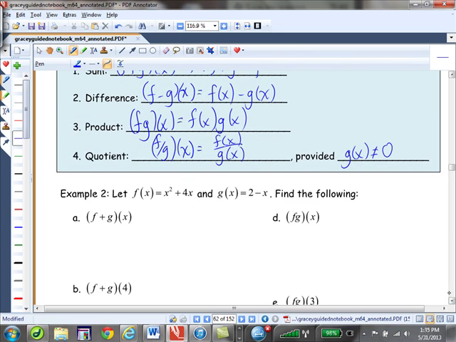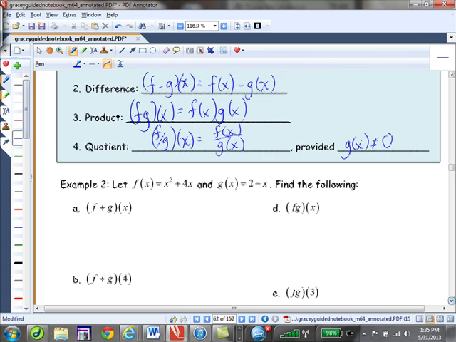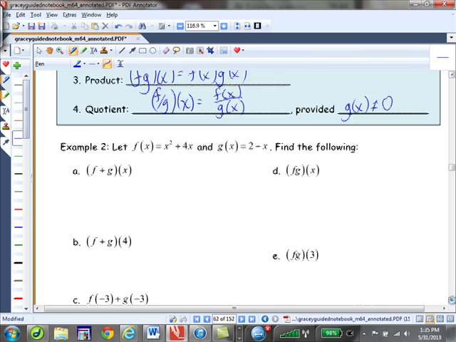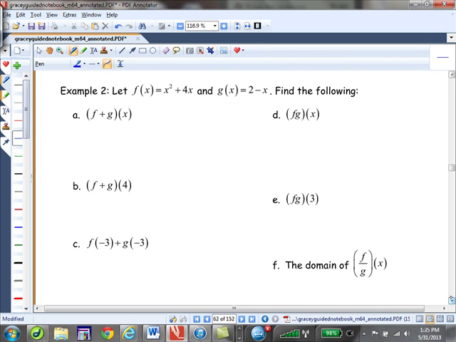So let's go ahead and find these values, given that f is x squared plus 4x and g is 2 minus x. So find the following. So why don't you guys pause the movie and see if you can do these on your own. All right? Good luck.